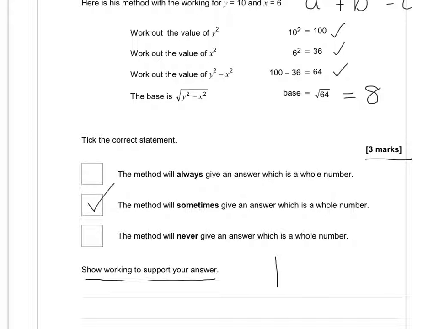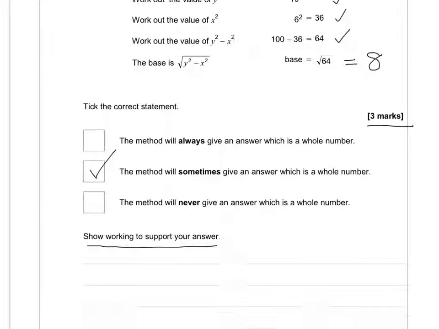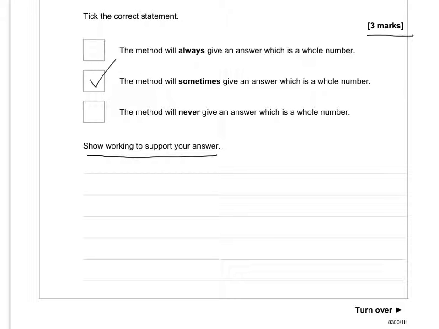So what I've got to do is think of some numbers that x and y can be, that when I square them and subtract them, won't give me a nice whole number. So let's think of some nice easy ones. You haven't got a calculator. So let's say y equals 3. And let's say x equals 2. So 3 squared is 9. 2 squared is 4.